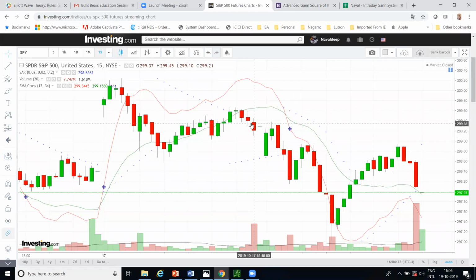This means that the open and the close are different. Open is higher than the close. That's why this candle becomes red. And you see the wick: this is the highest point this candle achieved during this time period, which is 15 minutes here. And this is the lowest point this candle reached during this 15-minute interval.